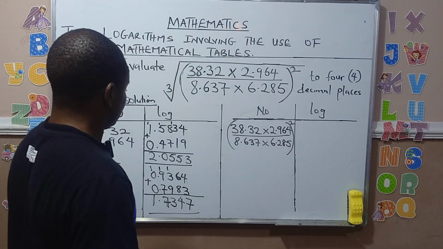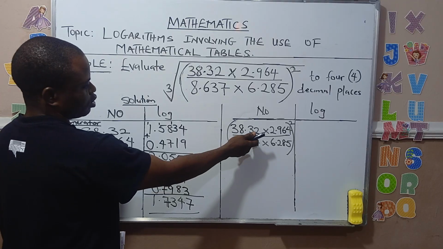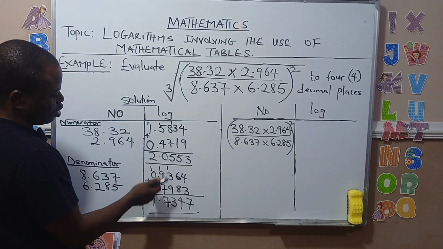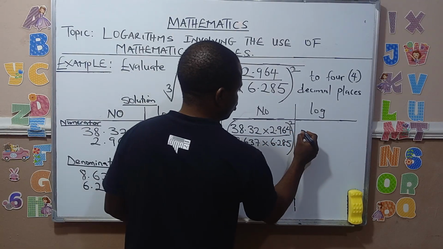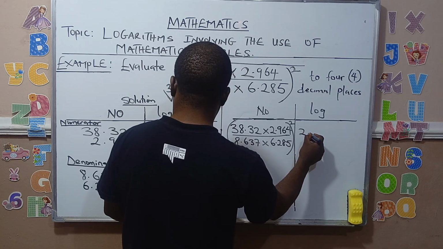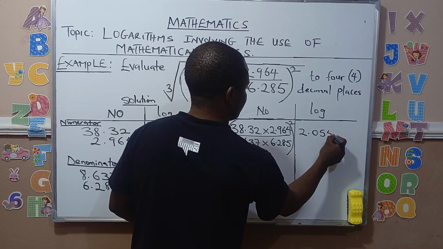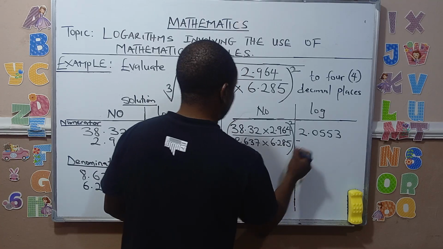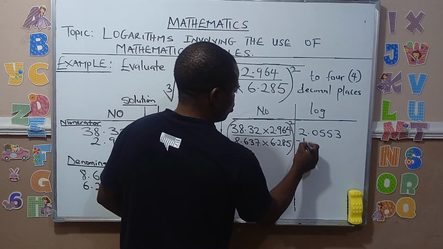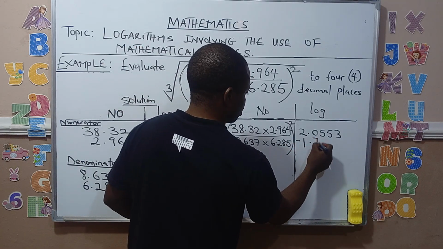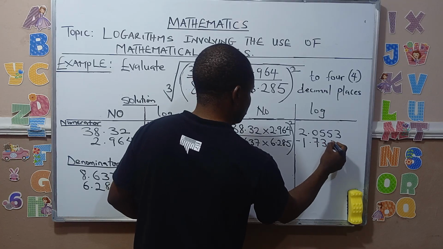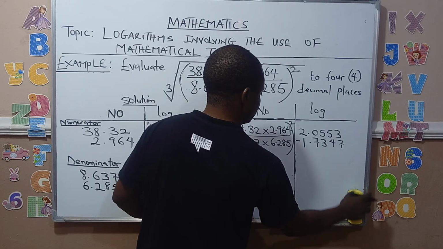Why do that? Because of this division, we subtract the two numbers. That is 2.0553 minus 1.7347.